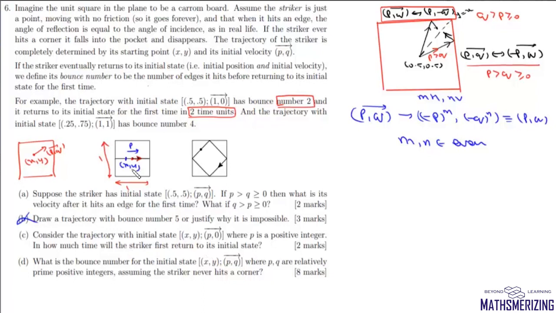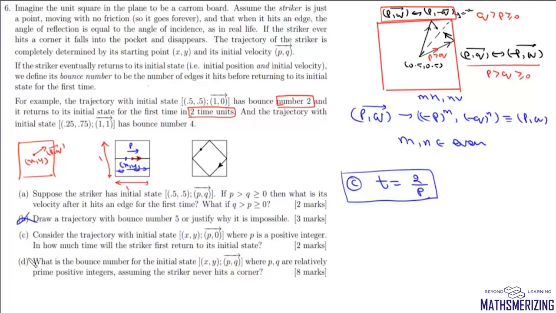So the striker has to cover this distance twice and this distance twice. So this striker has to cover a distance of actually 2 units with the velocity p. So the time taken to complete this journey will simply be distance upon speed. So this is 2 upon p. So the time taken by this striker to return to its initial state is 2 by p.